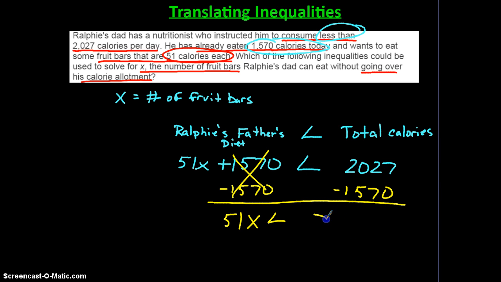And I get 457. And now, simple division problem. Divide by 51. Because that 51 was not a negative, my inequality sign is going to stay the same. And then 457 divided by 51.